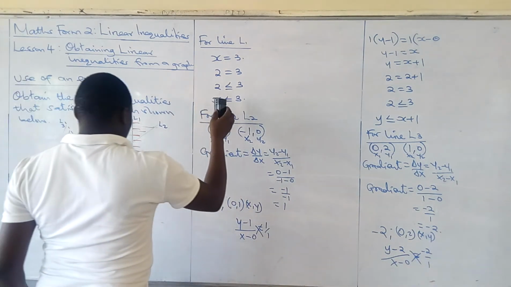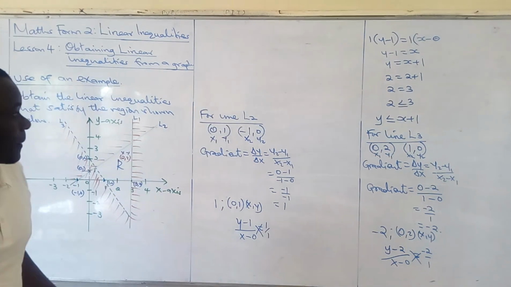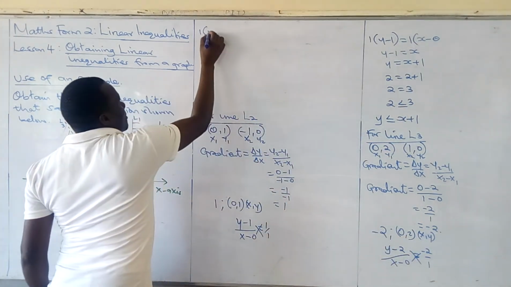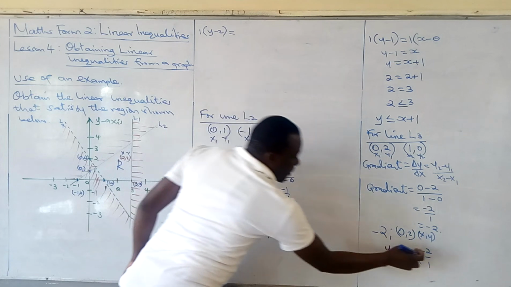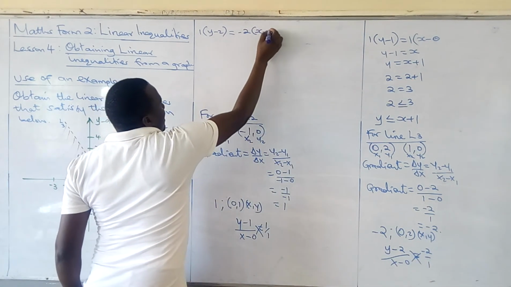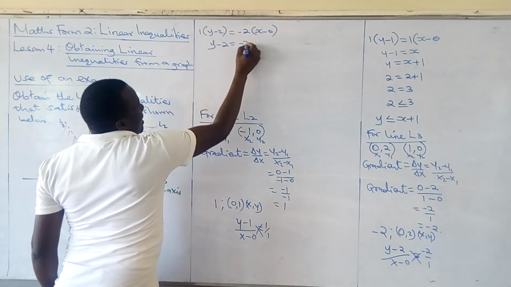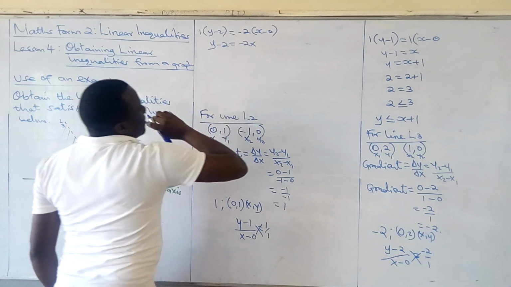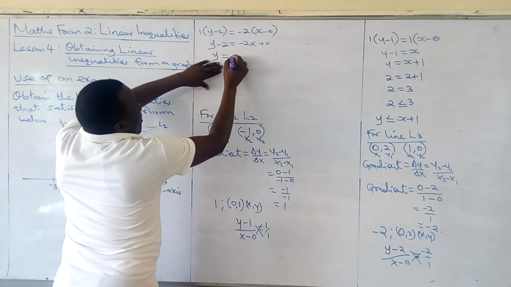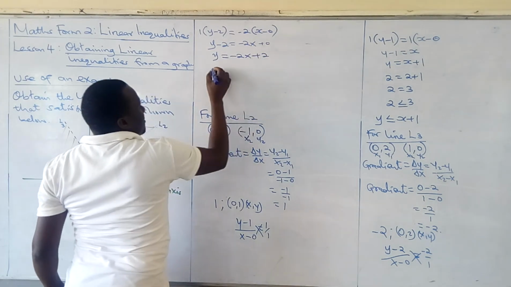So we will have 1 times y minus 2 is equal to minus 2 times x minus 0. Opening the brackets, we have y minus 2 is equal to minus 2x plus 0. Therefore, y is equal to minus 2x. We take this minus 2 to the other side, and it becomes a positive 2.